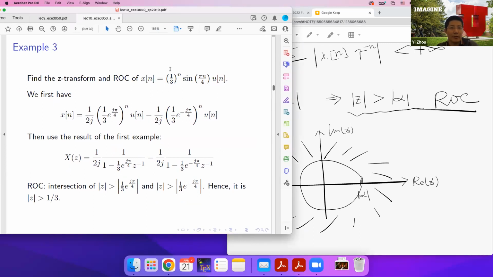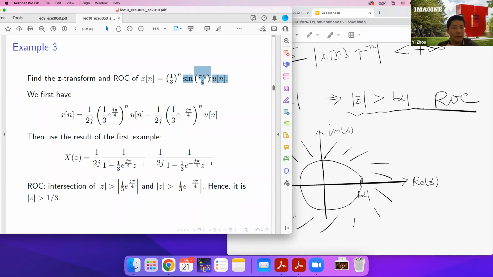And here's another signal, which is 1/3 to the power of n times sin times u[n]. For this one, we can view it as the signal 1/3 to the power of n times u[n] modulated by the sine signal.